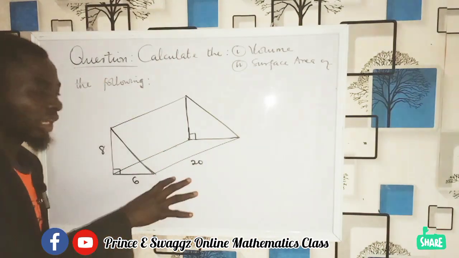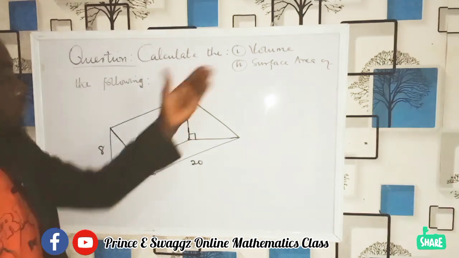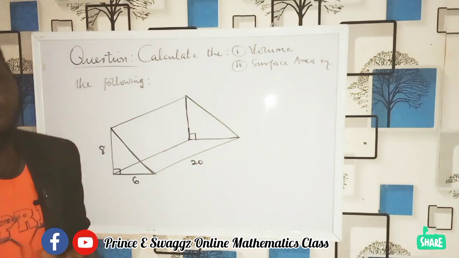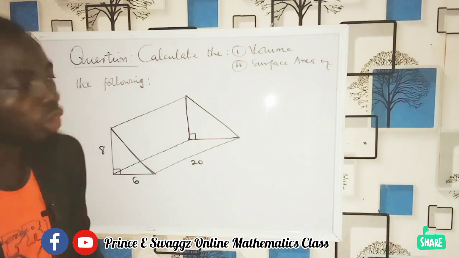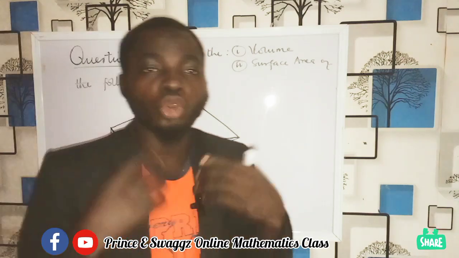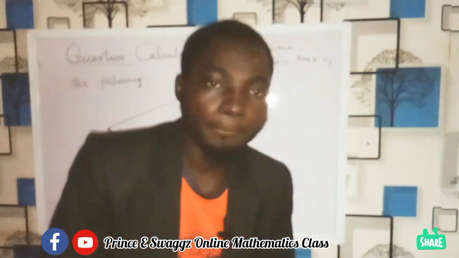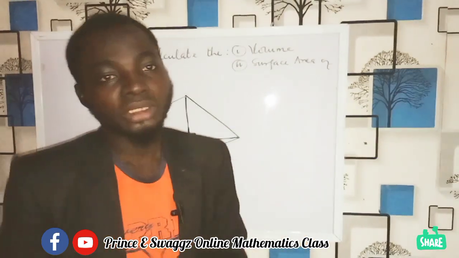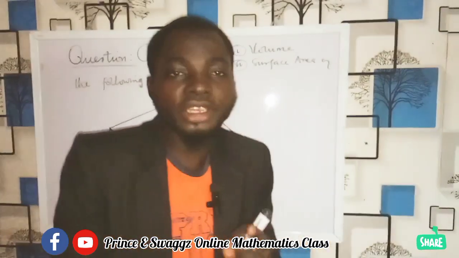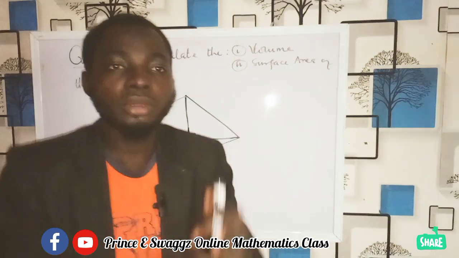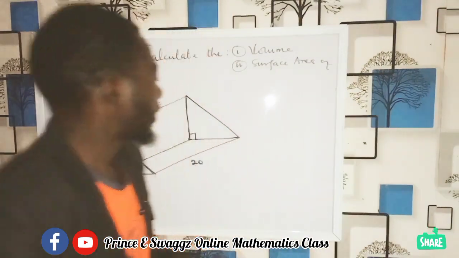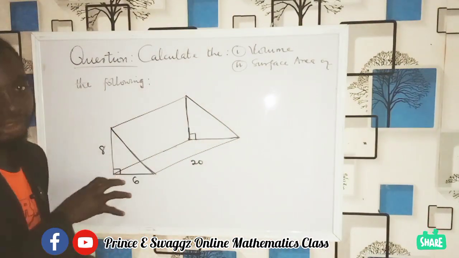Now, that's settled. To find the volume of a prism, the formula is always the area of the cross section multiplied by the height. That is the height of the whole shape. Now, what's our cross section here?